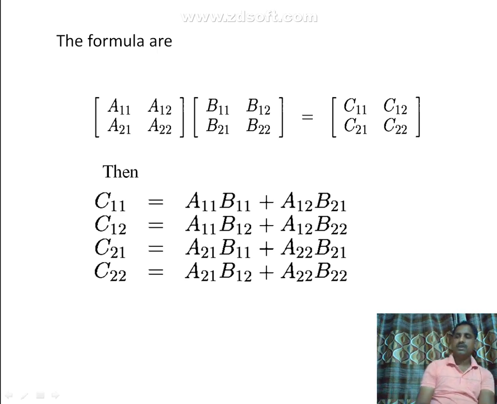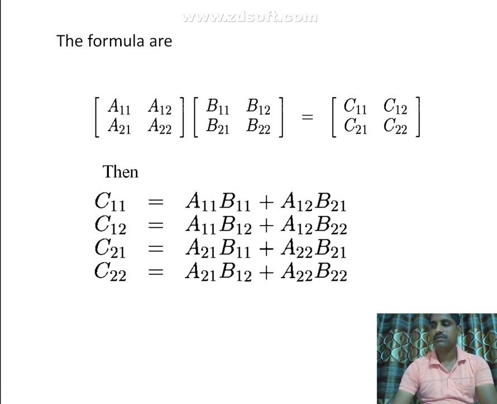Here the operations take 8 multiplications, 1, 2, 3, 4, 5, 6, 7, 8, and 4 additions, 1, 2, 3, 4, to compute the result.